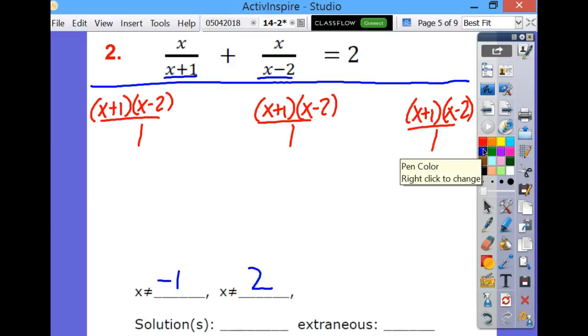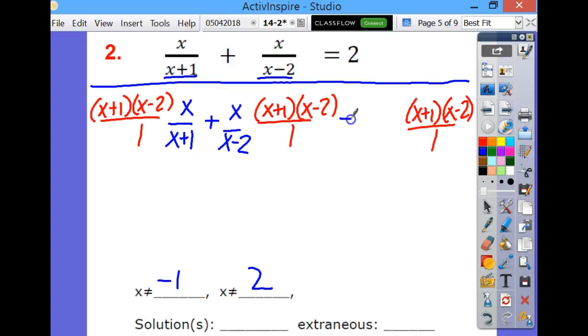There are 3 terms. Every single term gets multiplied by the LCD. If there were 10 terms, I would have to write it down 10 times. We don't have one like that. Aren't you glad? x over x plus 1, x over x minus 2 equals 2 over 1.